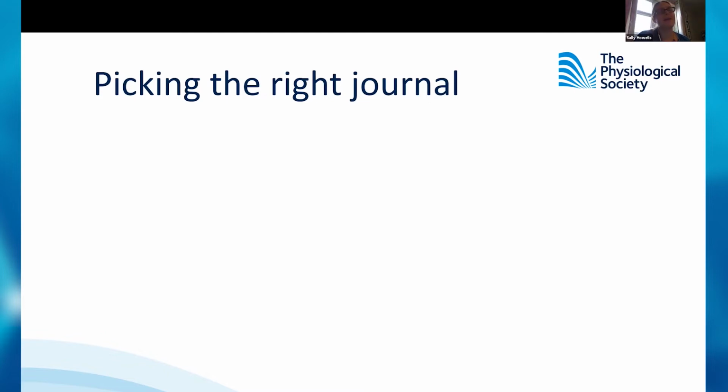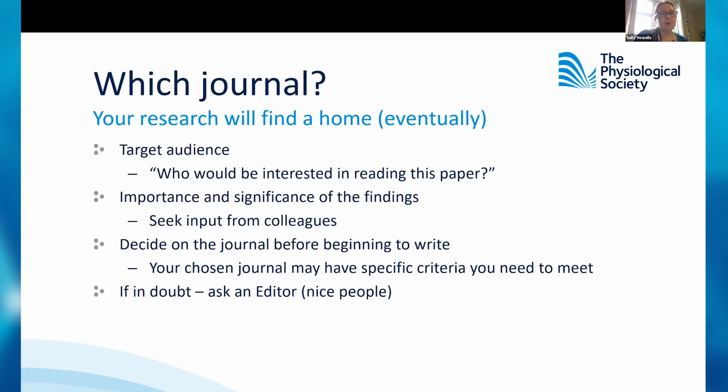So picking the right journal, as I said, there are a lot. I don't know what the number is now, but so many journals that you could pick. So which is the right one? Well, you should really be looking at the target audience, so who's reading those journals, and also be realistic about your research. Is this a groundbreaking piece of science that needs to be published in the highest impact journal that you can find, or is it actually confirmatory or perhaps not particularly interesting to a broad audience?